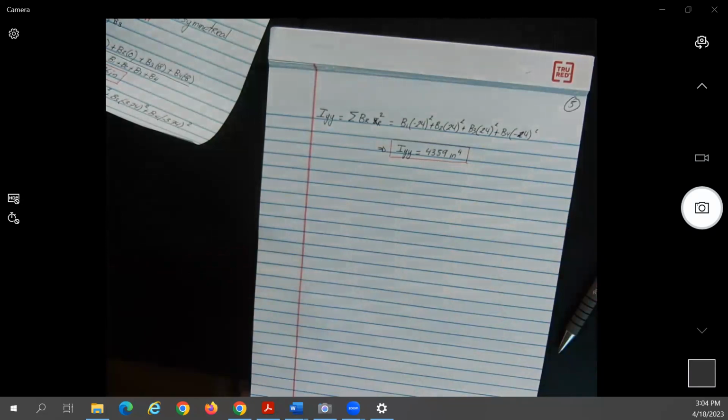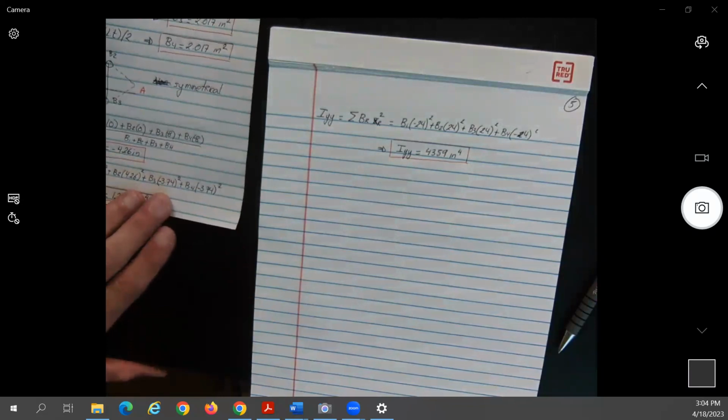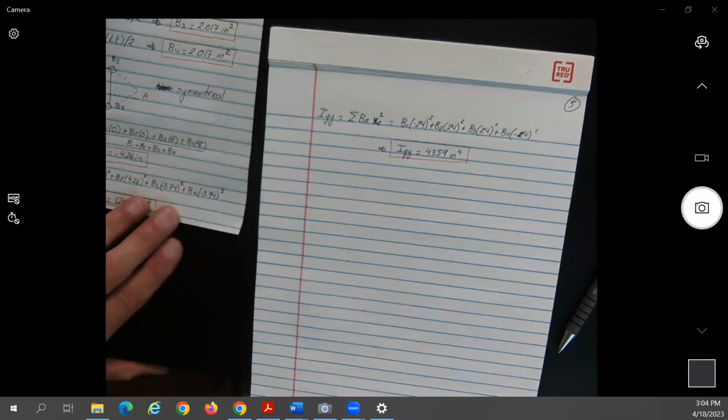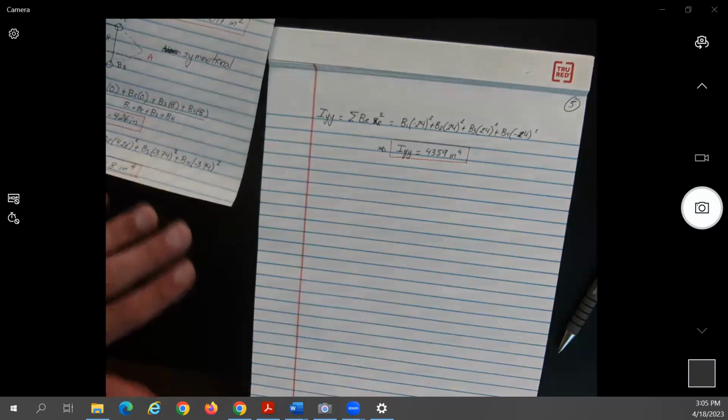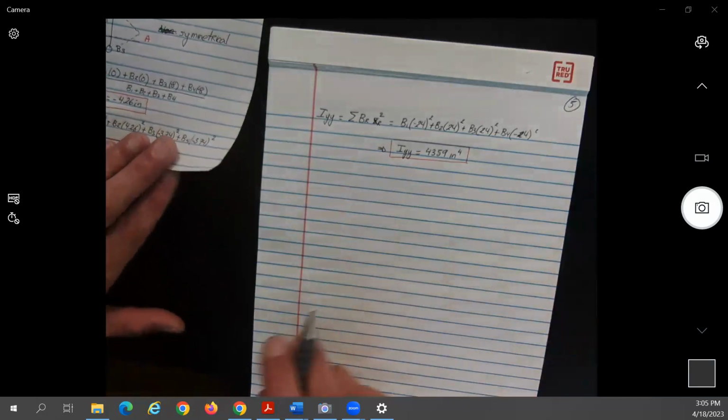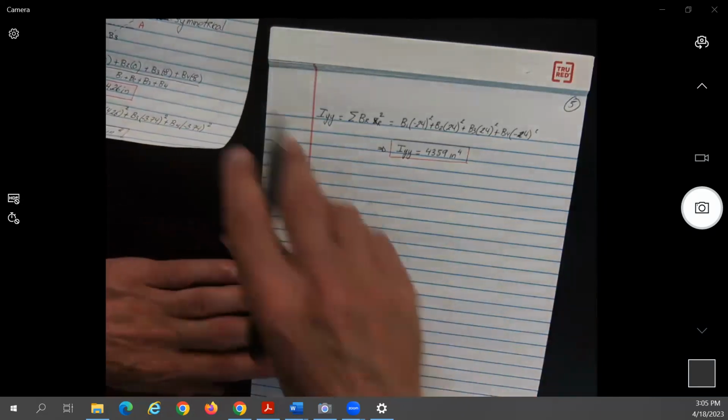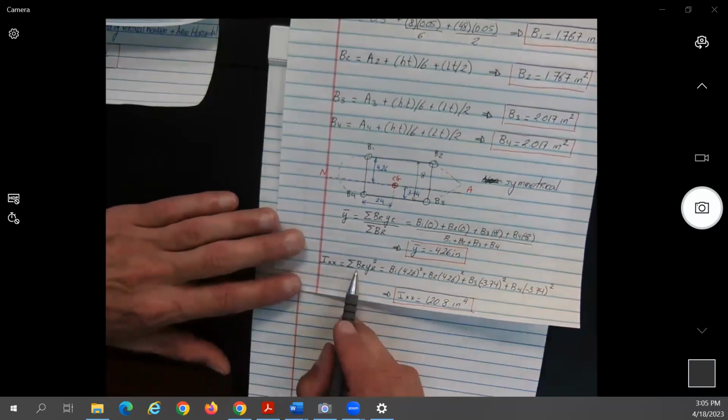Why don't we use the parallel axis theorem? Yes, we need to use it. Sorry, I was just going straightforward. Yeah, because I think I understand. What happened is that in both cases, what is the simplification?